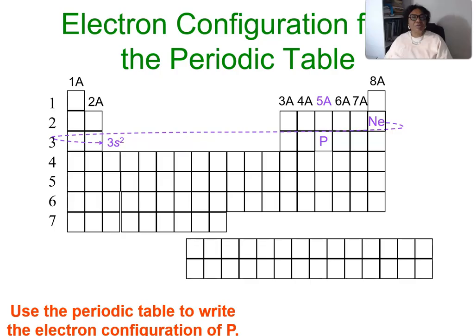So just showing you how to write the electronic configuration for phosphorus. So neon, and we get here. So what element is this? 3s. So neon 3s. So we have, what element do we have here?